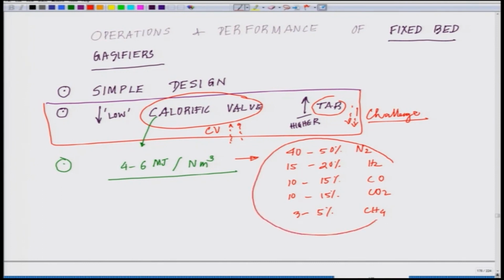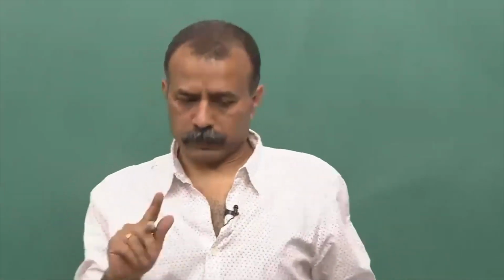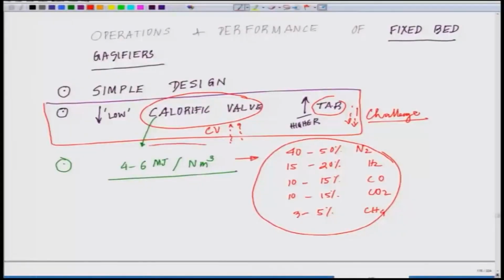This is a typical concentration of product gas what you obtain by gasifying the feedstock or the biomass in a fixed bed gasifier. I mean, the number may vary here and there a little bit depending on if you are using downdraft or an updraft or a cross flow system. So, this is something what one has to appreciate, that this is the kind of efficiency we get, efficiency or calorific value which is fairly low, and this is the typical composition.